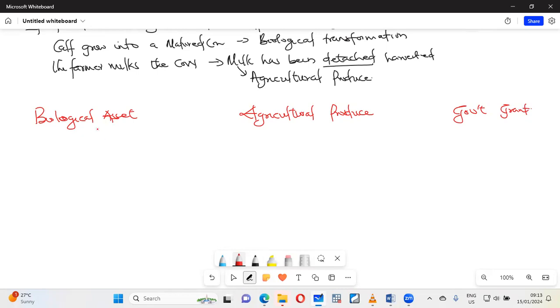Now, we need to learn initial recognition, initial measurement, and subsequent measurement. So we start with recognition. Of course, like I always say, here it is an asset, and so we know the standard recognition criteria, which is a probable inflow of economic benefit to the entity.